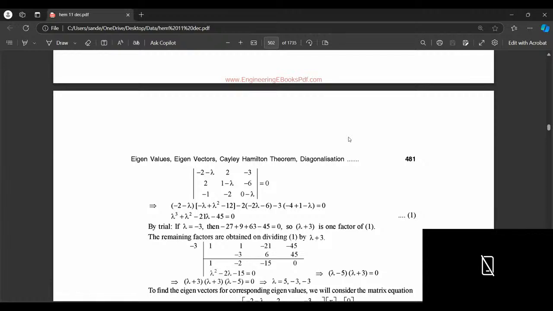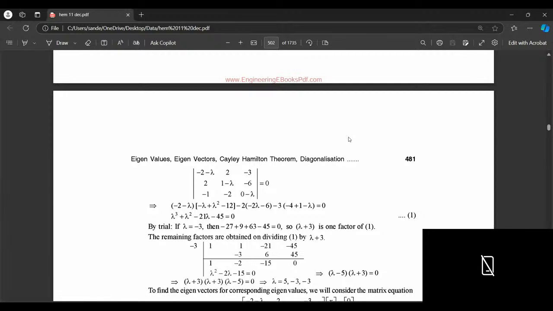Again, yesterday I told one formula for this characteristic equation. If you remember, that is lambda cube minus s1 lambda square plus s2 lambda minus determinant of A equal to 0.